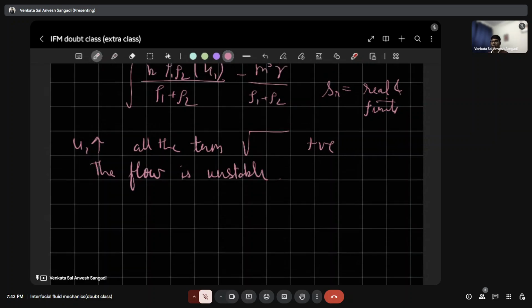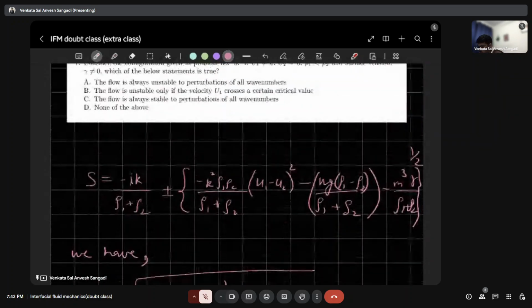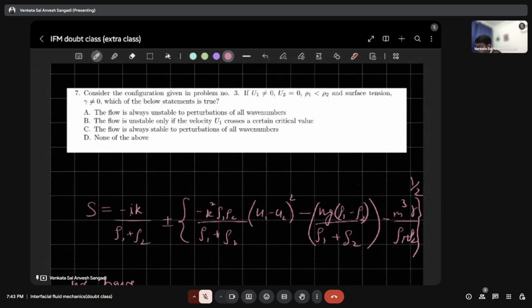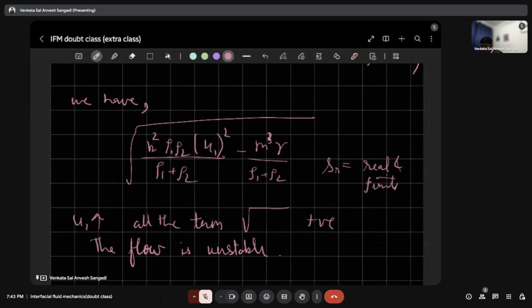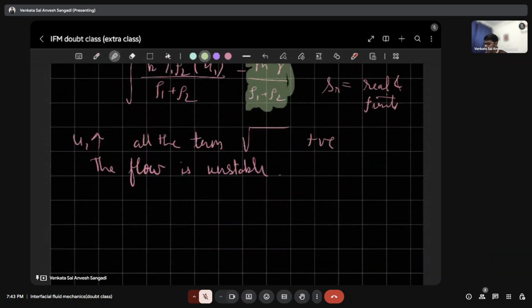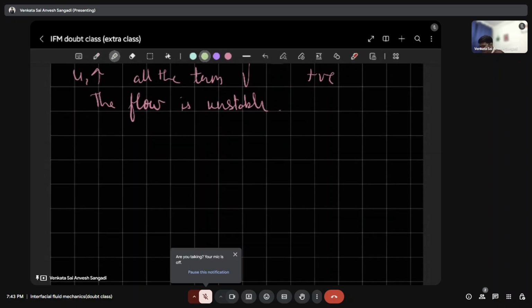So the correct option is option B, that the flow is unstable only if the velocity u1 crosses a certain critical value. There's a negative sign here, and once it crosses the threshold of this term, that is m cube gamma by rho 1 plus rho 2, once the value gets more than it, the term becomes positive, and therefore we have an unstable configuration. So that is the correct option.